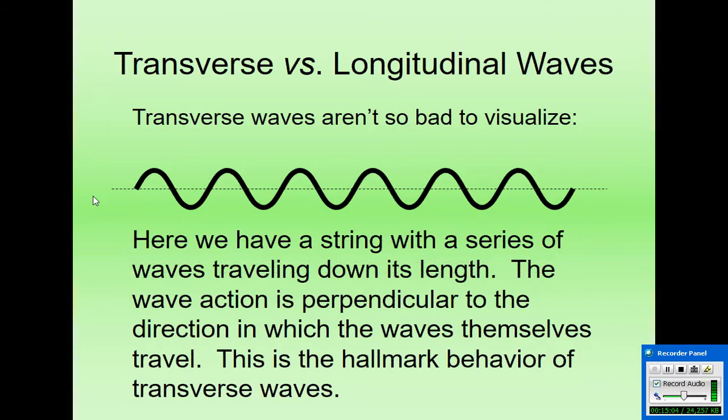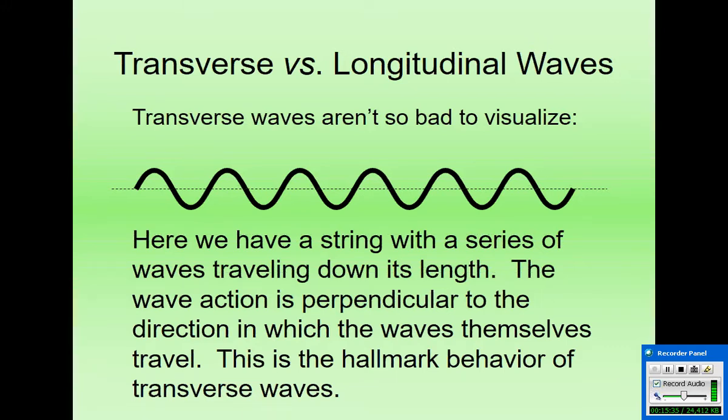What I want to do is discuss general wave behavior. Waves tend to come in two broad categories. One of those categories is transverse, the other is longitudinal. A transverse wave is much like what you see on the screen. You can imagine a string, and we jerk it up and down, and we send a pulse traveling down the length of the string.